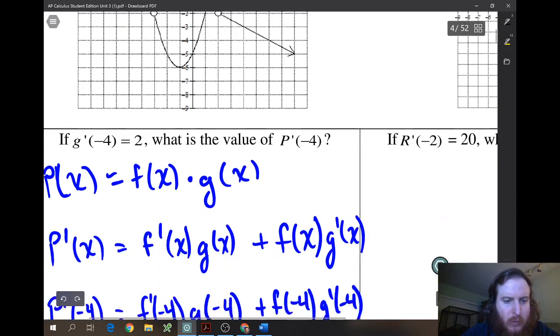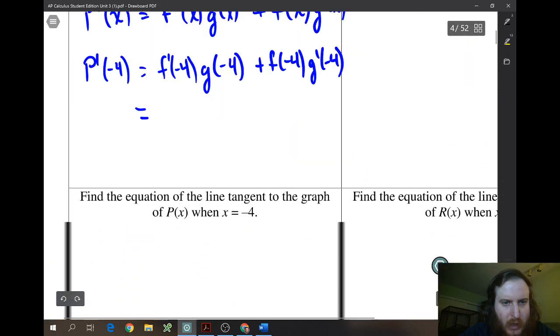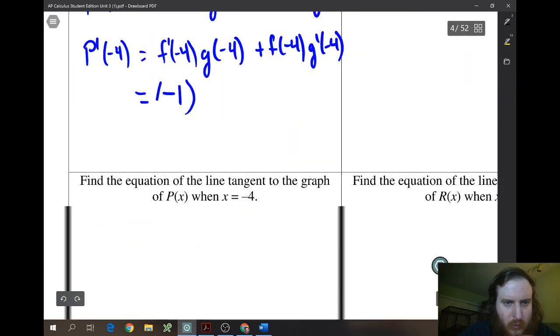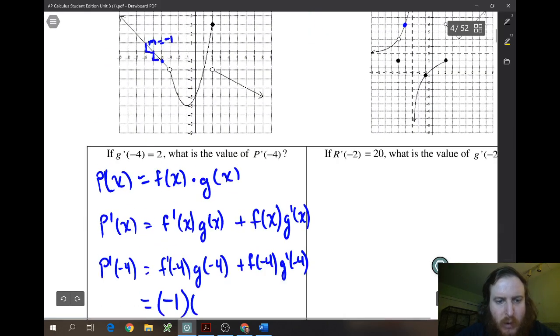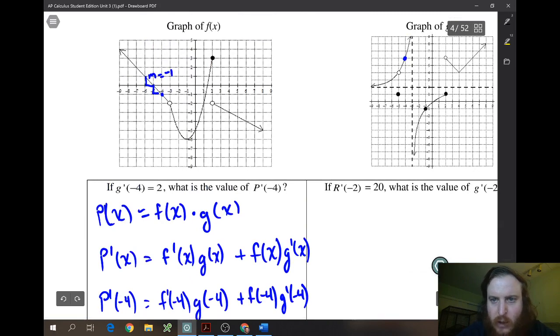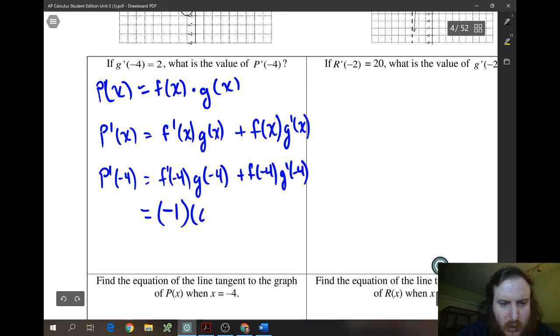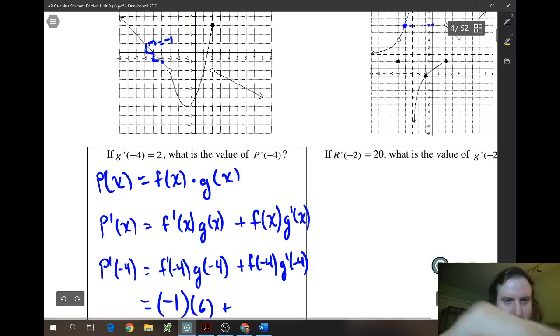The slope is negative 1. So f prime of negative 4 is going to be negative 1. Then for g of negative 4, that's the y value, not prime. The y value here is 6. So times 6. Then f of negative 4, again, that's our y value. So at negative 4, our y value is negative 1.